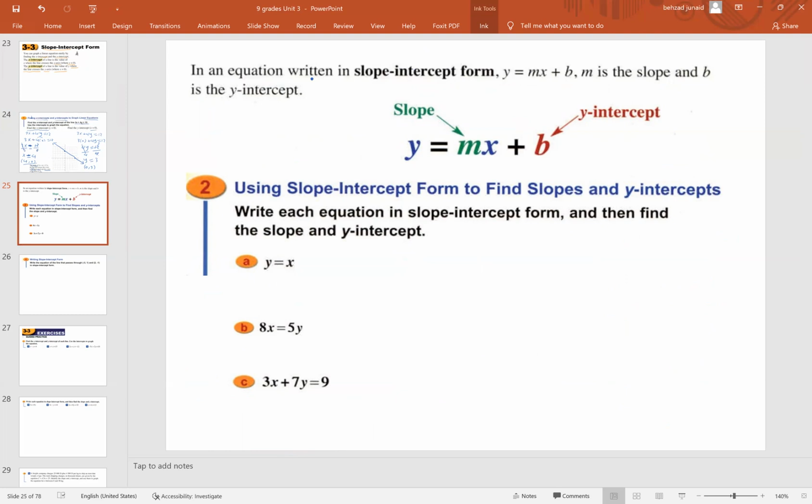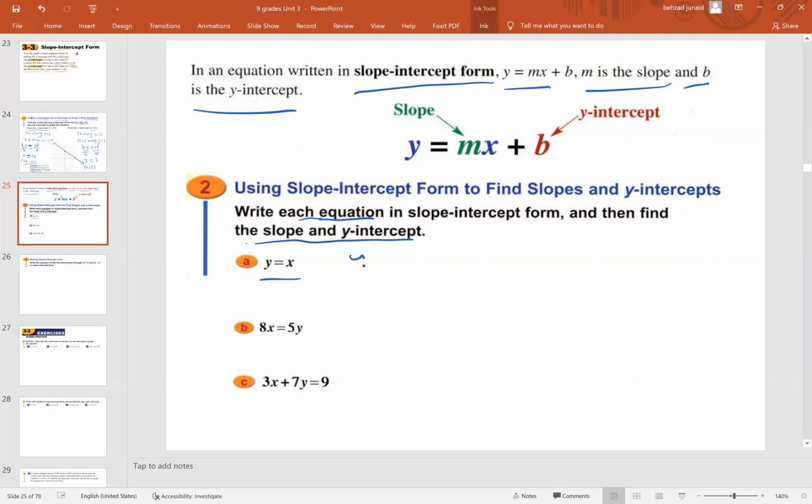An equation written in slope-intercept form is y equals mx plus b. M is the slope and b is the y-intercept. Using slope-intercept form to find slopes and y-intercept. Write each equation in slope-intercept form and then find the slope and y-intercept. In equation 1, what do you have?